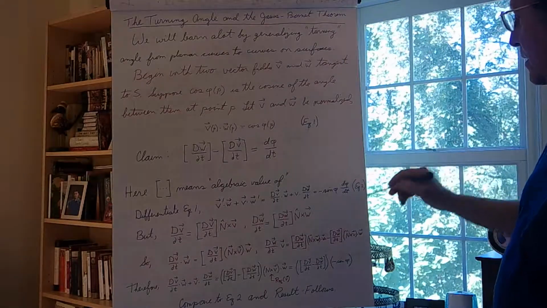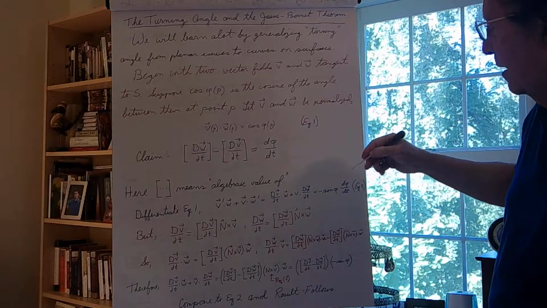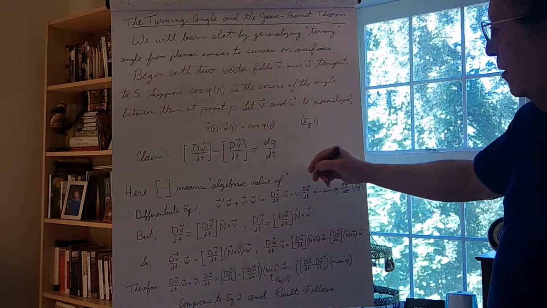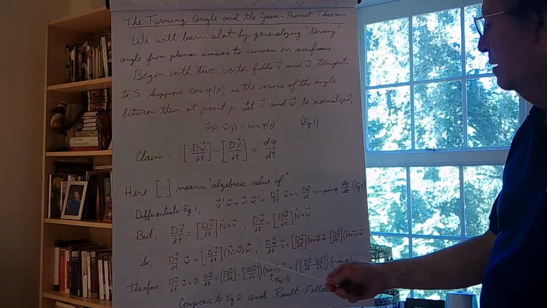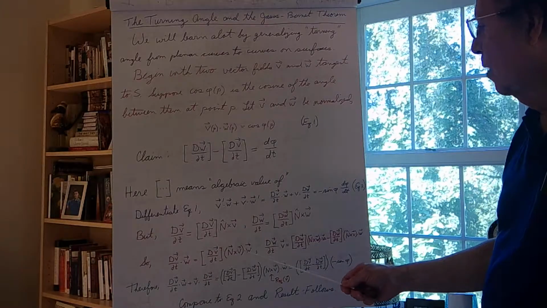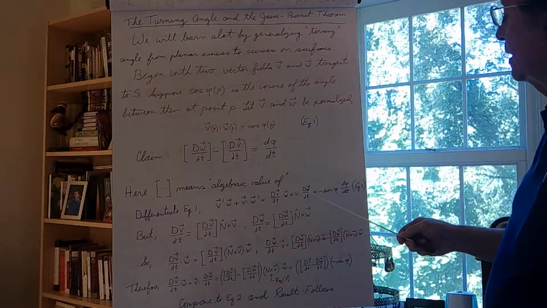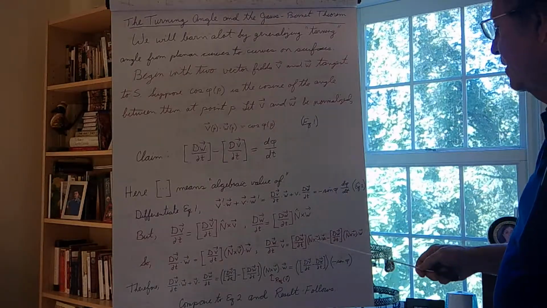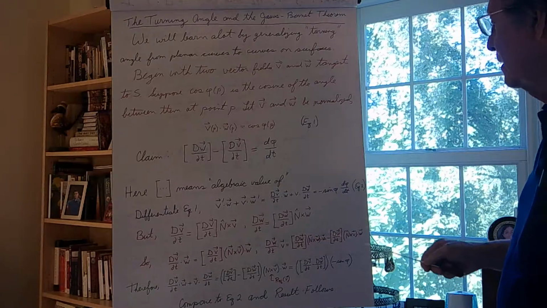Similarly, I do the same thing on the second term. Now I have to do a little bit of juggling, because for the first term I have the dot product of n cross v quantity dotted into w. In the second term, when I'm doing the covariant derivative of w, I have the cross product of n with w dotted into v.